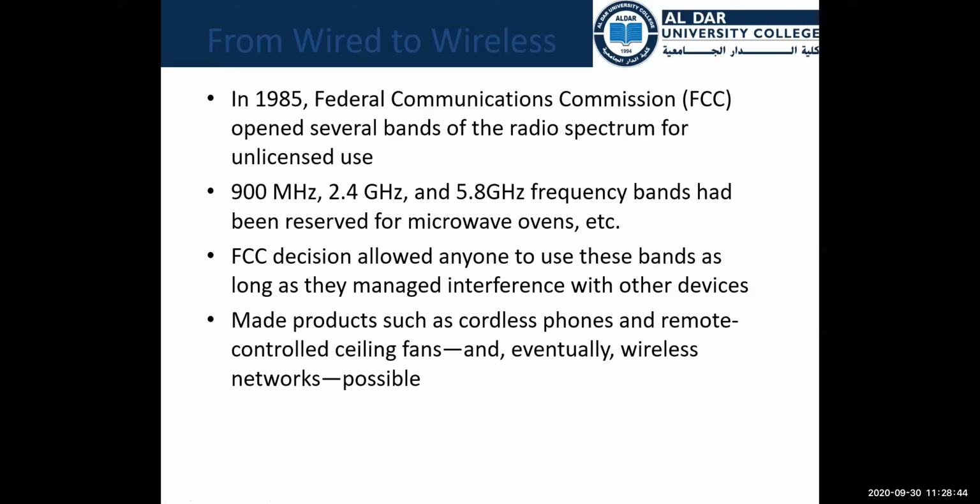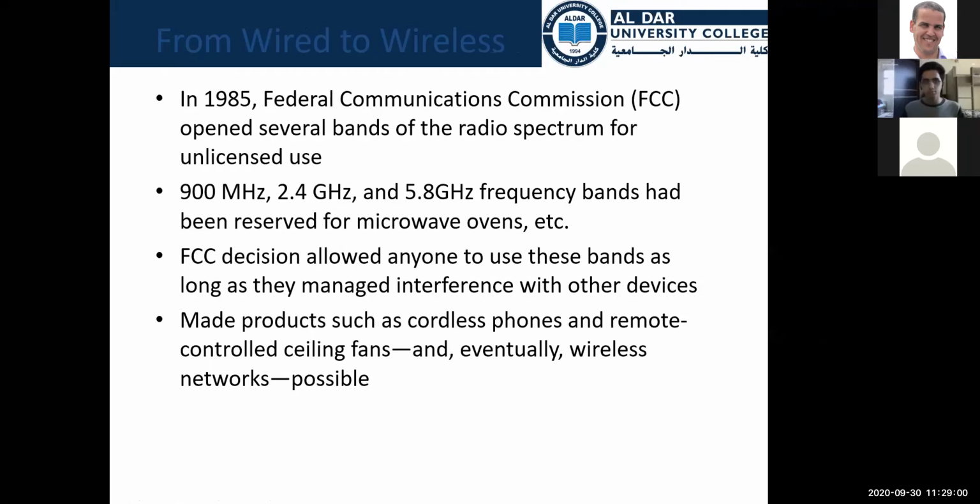For example, I can have a remote control, I can have a microwave device, I can have Wi-Fi. Wi-Fi is also used in the unlicensed use. There is no need to have a license from the government to be able to use these radio spectrums. You can use them directly.